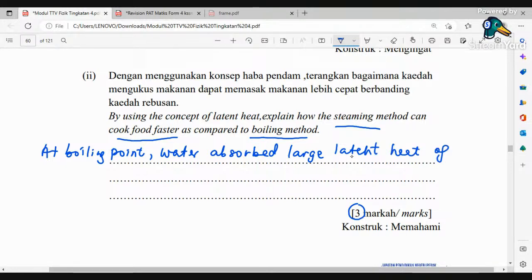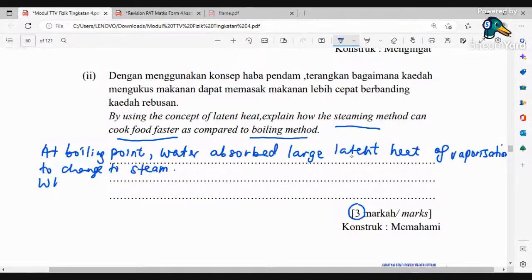Vaporization. Change to steam. Okay, the steam, what happened to the steam next?